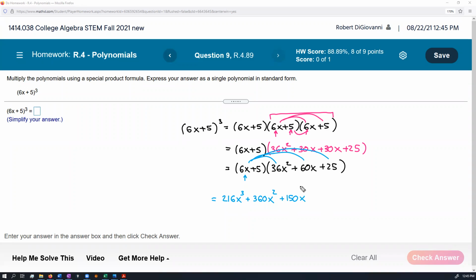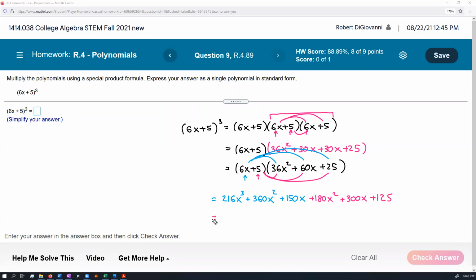All right, so once we've done that, we now move to the second term here, 5, and distribute the 5 through to these three terms. So 5 times the 36x squared gives us 180x squared. And then 5 times 60x gives us 300x. And then 5 times 25 gives us 125.